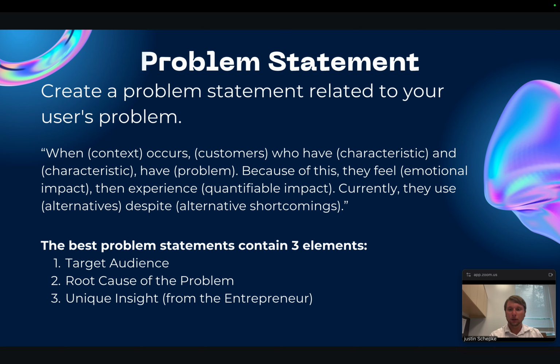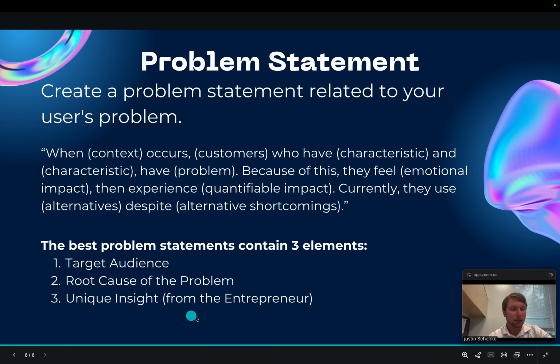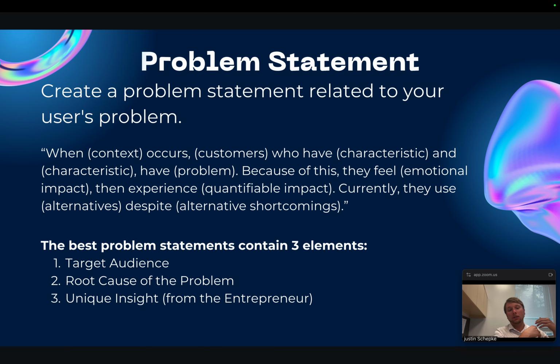The conventional wisdom might be a lack of intelligence, but your unique insight as the entrepreneur is that it's a lack of access to resources. It doesn't tell you exactly what the solution is, but it suggests the solution will involve connecting high school students with the resources they need to be successful.